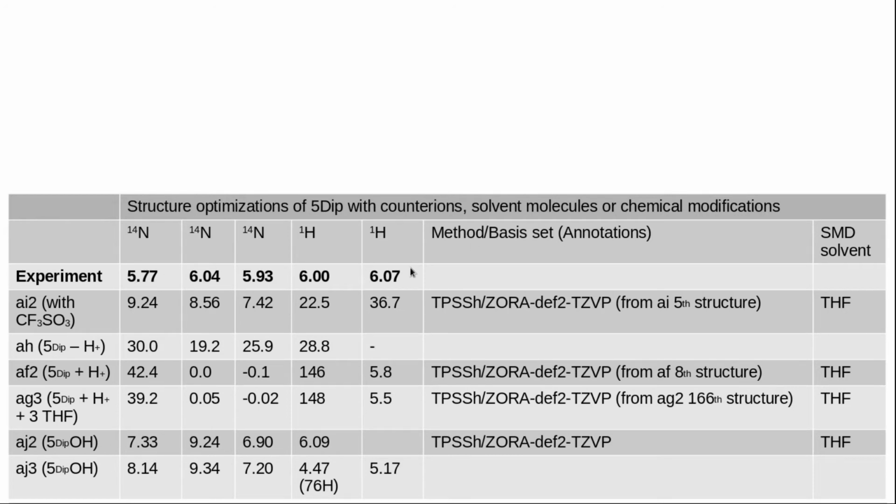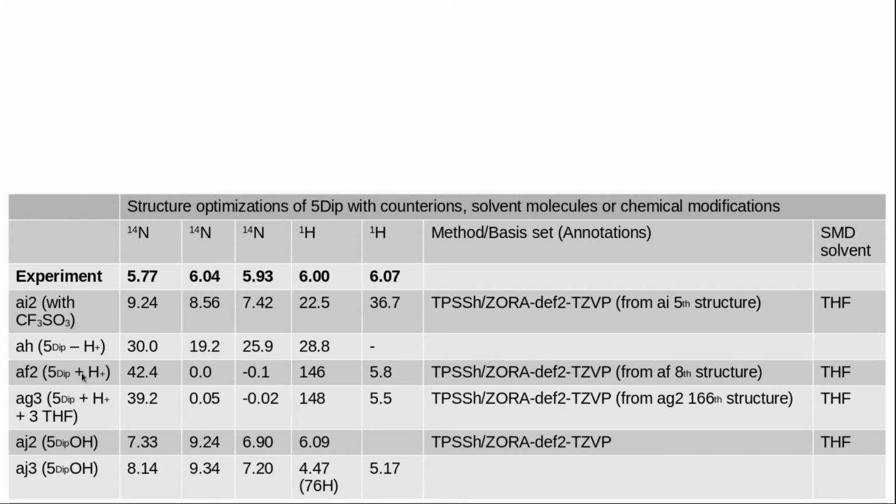So here are again the experiments. For example, using a counter ion triflate did not really change the results from before. Calculating the deprotonated neutral radical gave even worse values, 30, 20, 25, 29 megahertz.